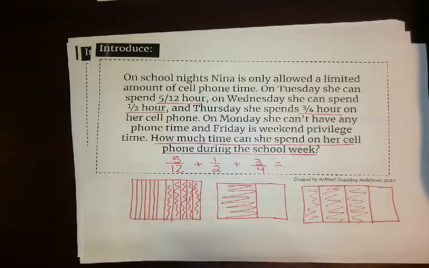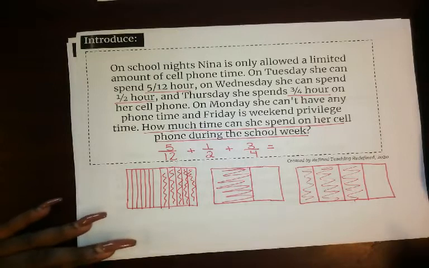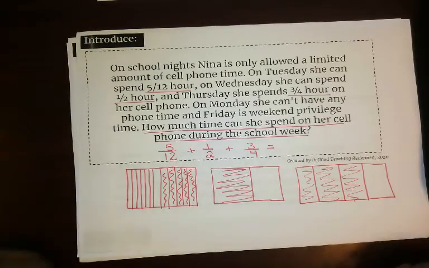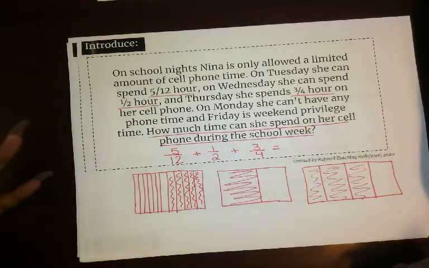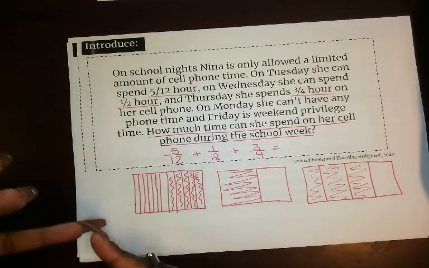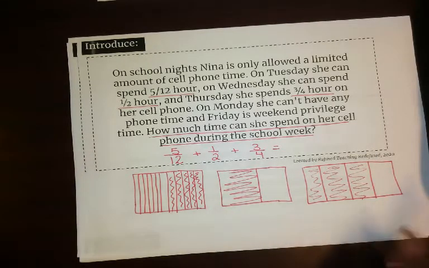Alright, so like before, when we start drawing our fractions and before we add or subtract, we have to figure out, well, what do we need to do to add the model. And of course, the first thing after drawing our model is change them into equivalent denominators or common denominators.